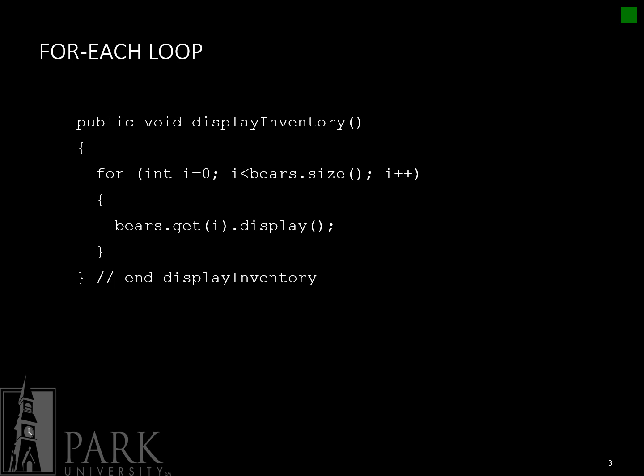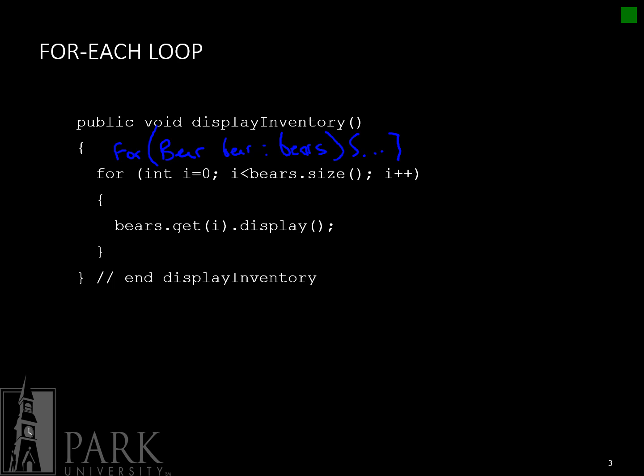Of course, we can use traditional loops to iterate through our objects as well. Like in this example, we have a typical for loop header: for int i equals 0, while i is less than bears.size, i plus plus, bears.get(i).display. All right, that's a lot of code to write when we could simply write for Bear bear in bears, do something, right?